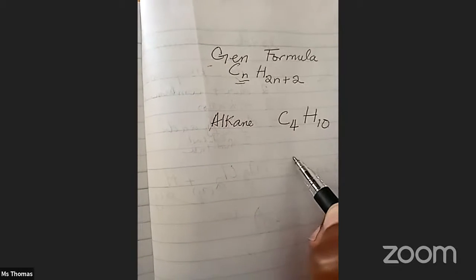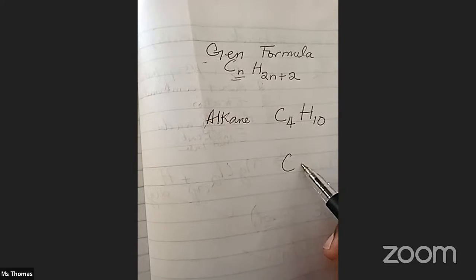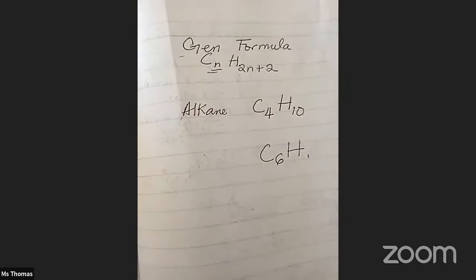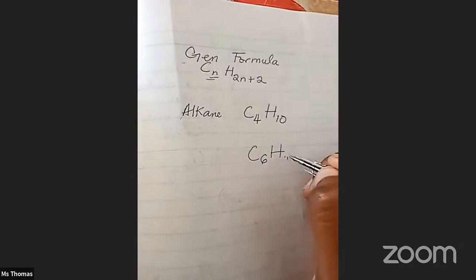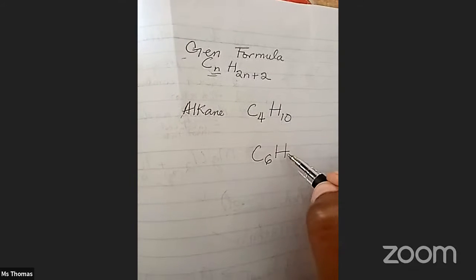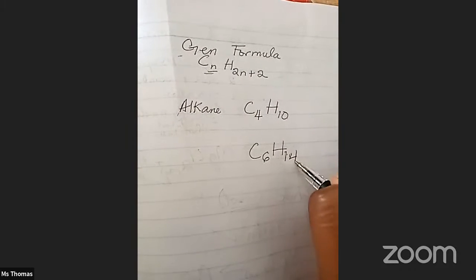Let us look at this alkane. Suppose it had 6 carbon atoms. How many hydrogens would it have? 6 times 2 is 12, plus 2 is 14.